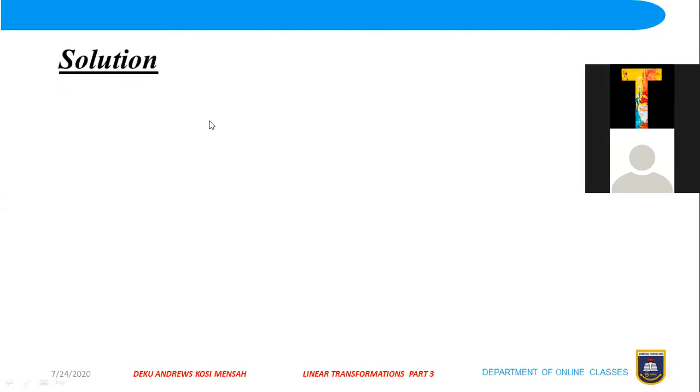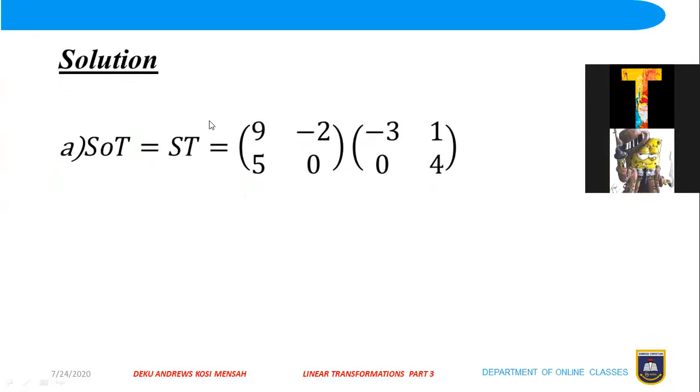Now, our solution. SOT is the same as ST. That is T followed by S. ST is the same as T followed by S. And that is equal to the matrix S multiplying the matrix T. The matrix S, we have 9, negative 2, 5, 0.